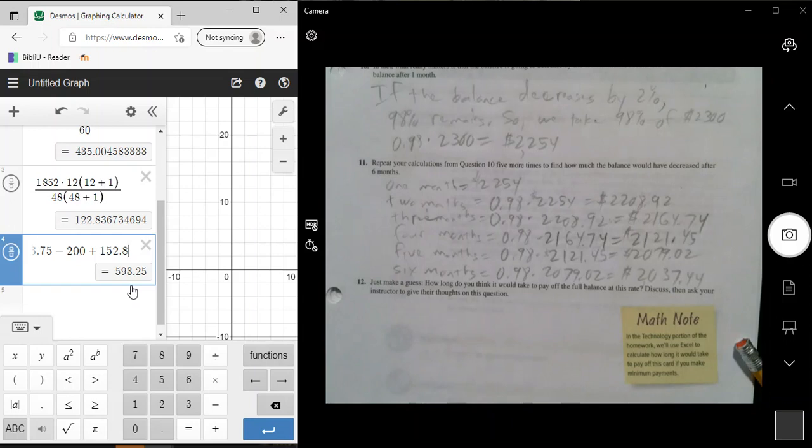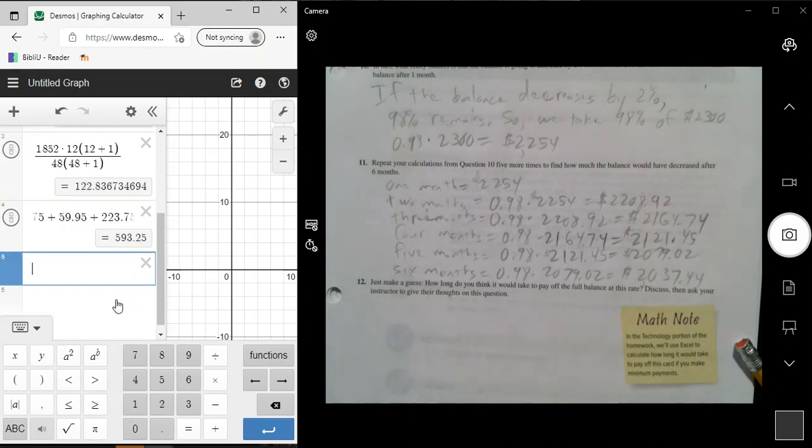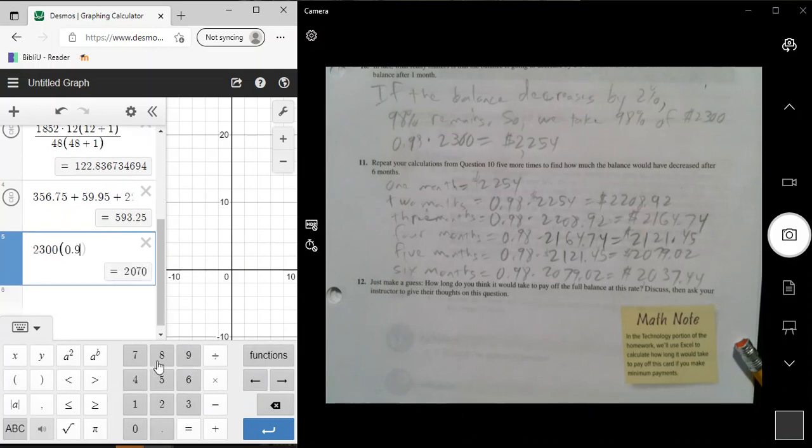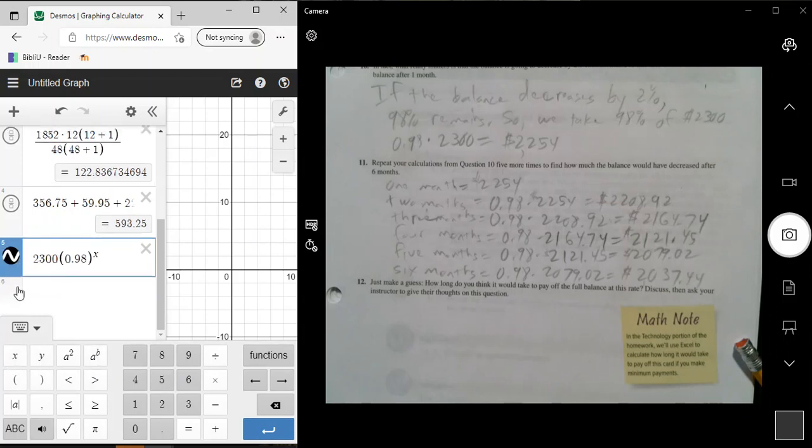So let's see, how can we figure out how long this would take? All right, first of all, we've already been given an equation. We'll start off with the initial amount. The initial amount was $2,300. And remember, we did this before. Times 0.98, and then we would take it to the x power.